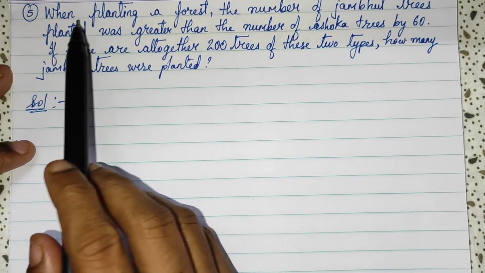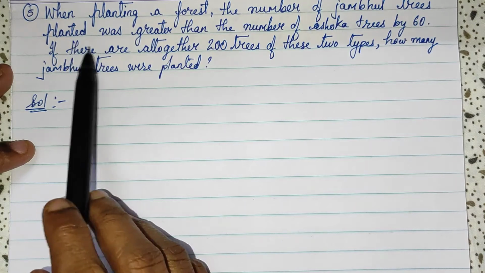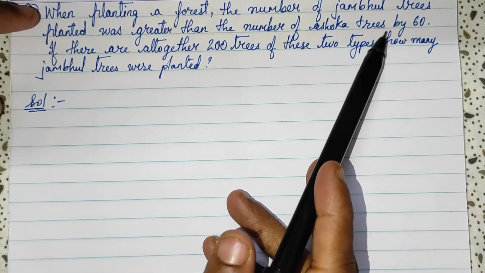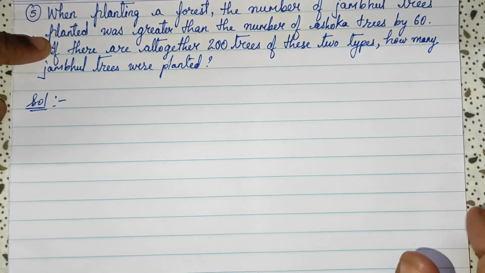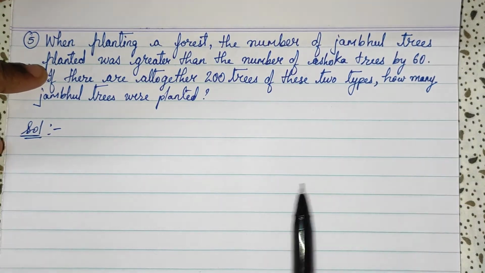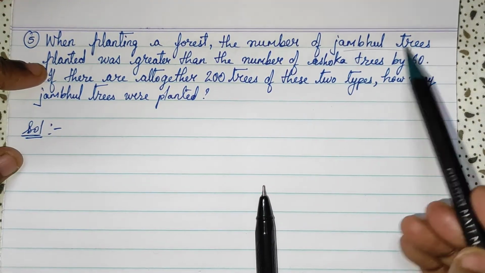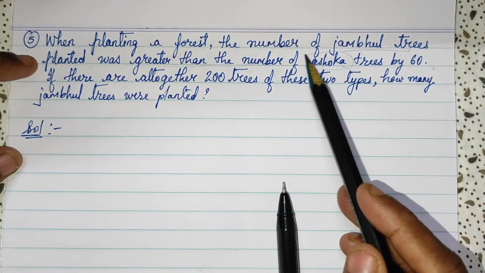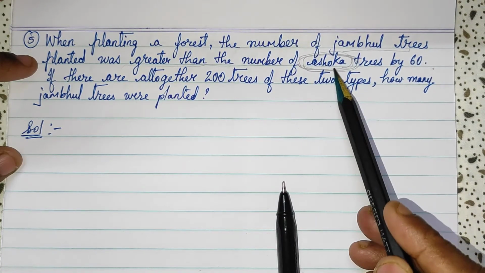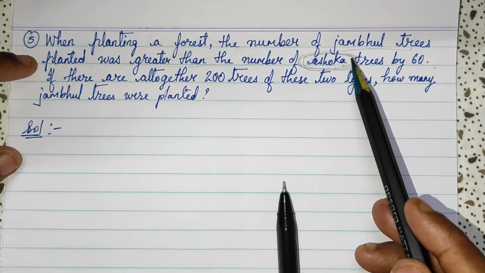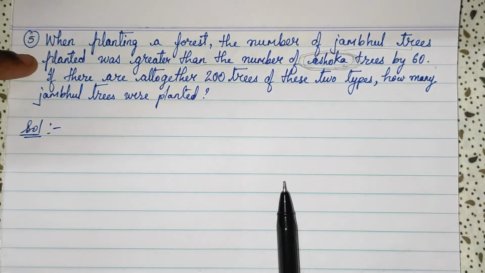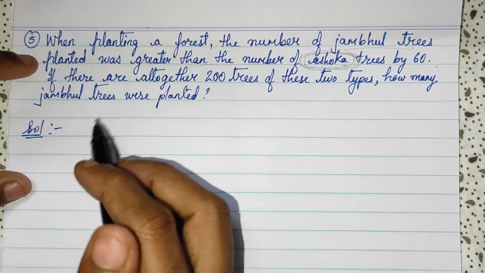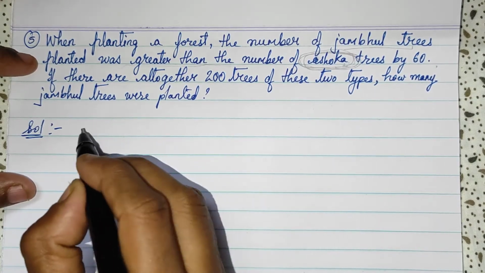So now, they have given us information about jambul trees, that jambul trees are greater than the number of Ashoka trees. So we do not have information about Ashoka. Ashoka trees के बारे में हमारे पास जानकारी नहीं है. So whenever we do not have information, there we take x.